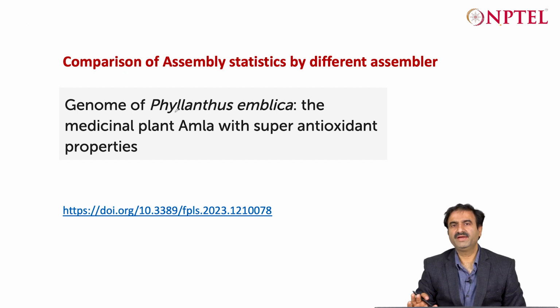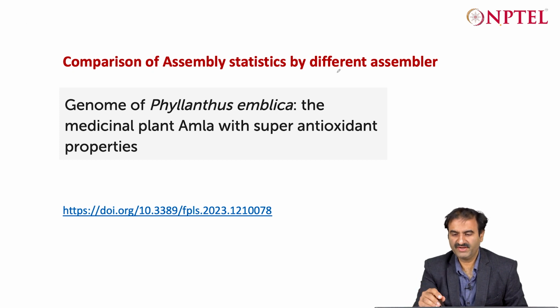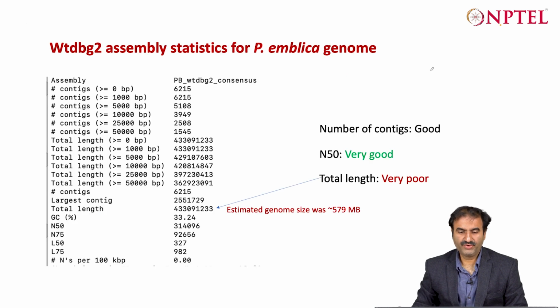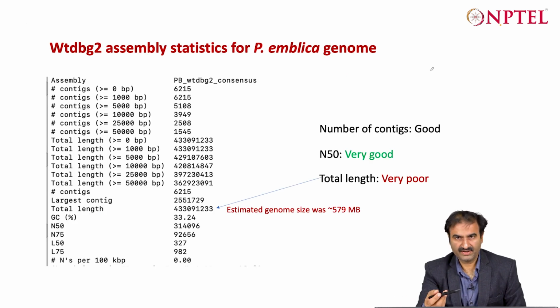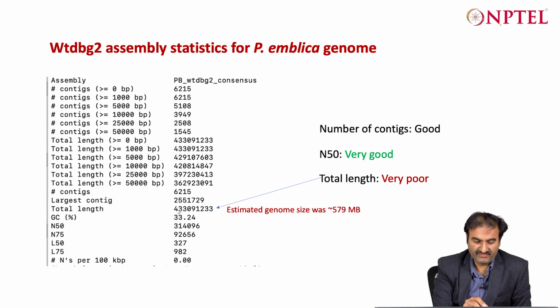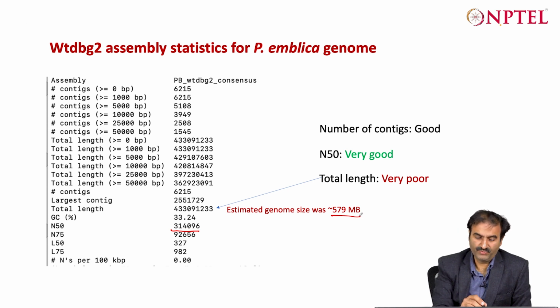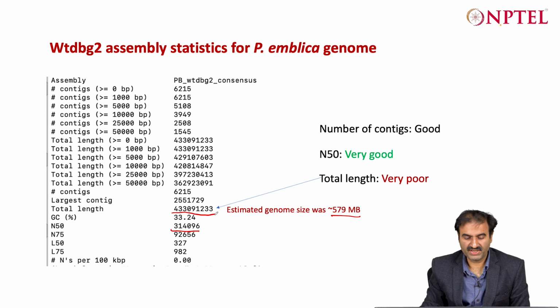Just to compare, if you run different assemblers, in the case of say the Amla genome, if you do the assembly with wtdbg2, you can see that it gave a very good N50, maybe the highest among all, of 314 KB. But the actual genome size which was estimated was something like 579 MB, and it gave you a genome size of 433 MB.